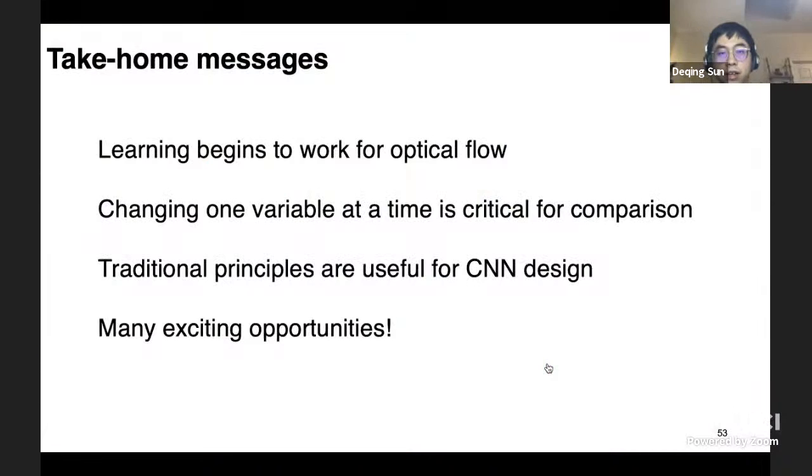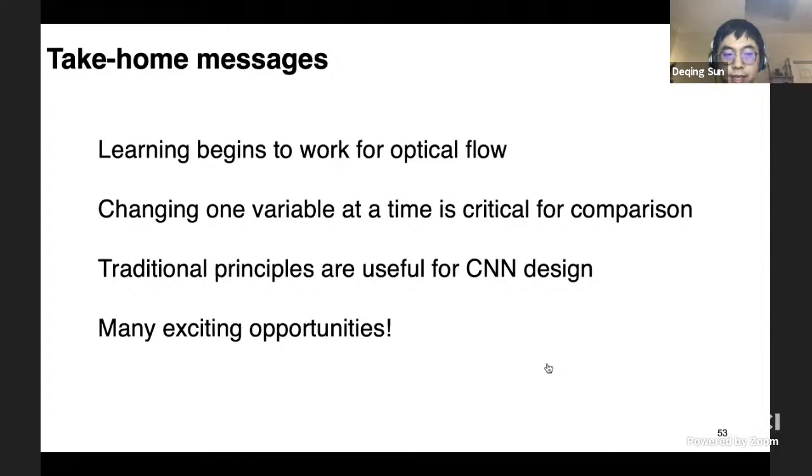And so just some take-home messages for my talk. After decades of research, we found learning begins to work for optical flow. And to understand what works, either in the traditional Markov random field approach or the deep learning-based approach, it's usually very important to change just a single variable and then compare what matters.